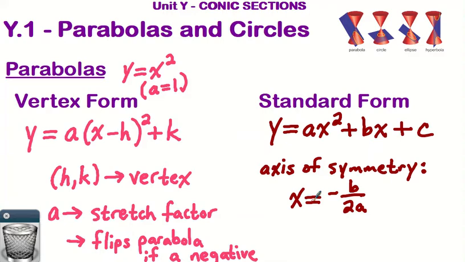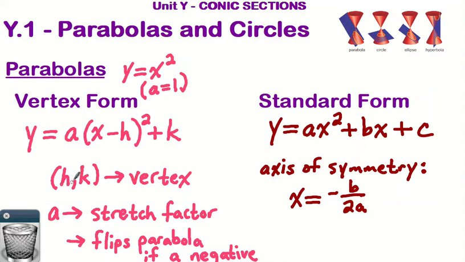Now over here, for a quick comparison, finding the axis of symmetry, you don't really have to go too deep, and you don't need a formula. Isn't it just going to be x equals h?